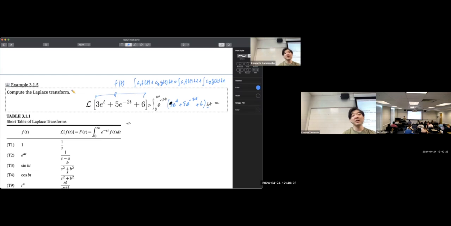Same idea. So this would be like taking the integral of this times this, this times this, and this times this.